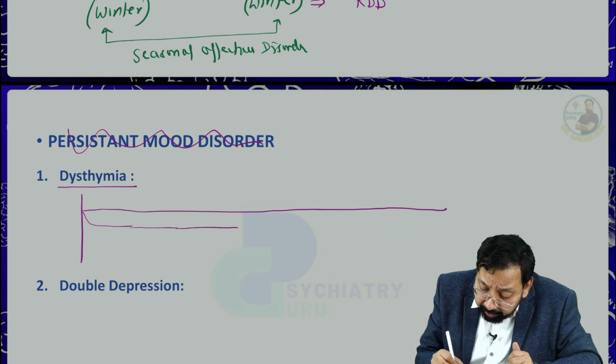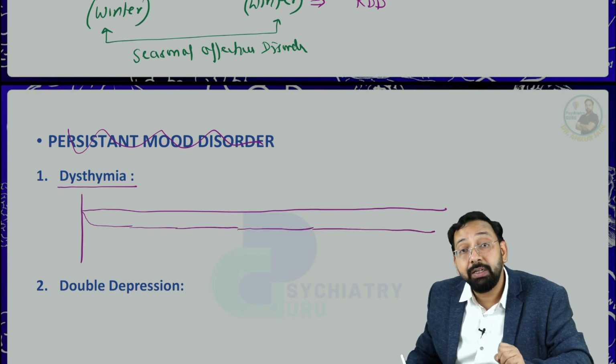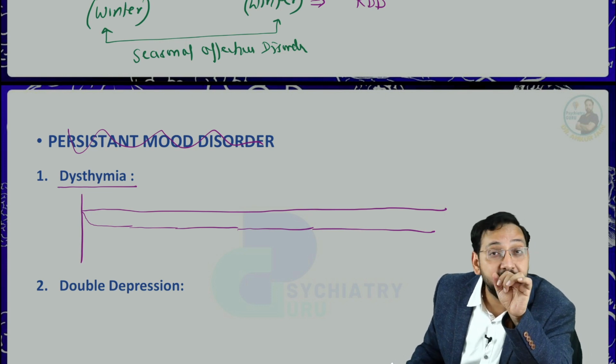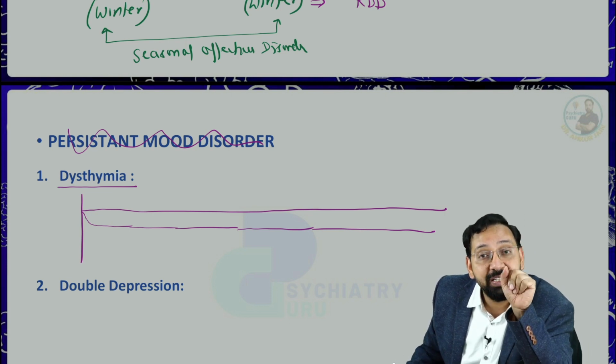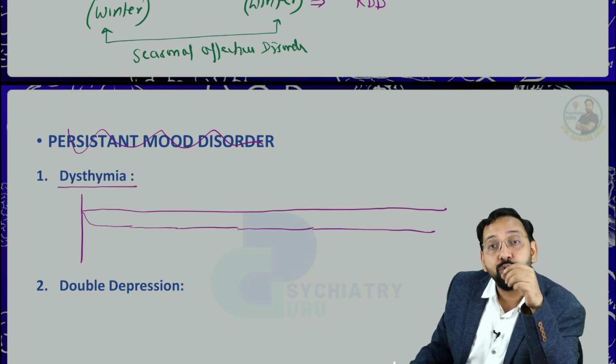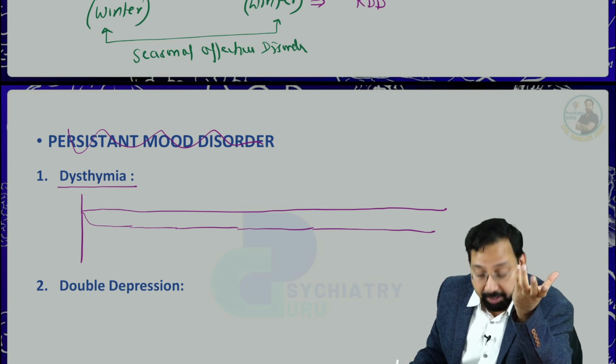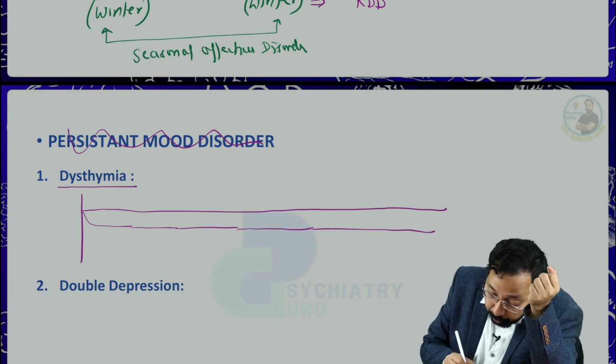the patient is having depressive symptoms. Suppose 3 symptoms are there, 4 symptoms are there. You know that if you want to make the diagnosis of depression, at least 5 symptoms should be there for 2 weeks. But suppose this patient is having only 3 symptoms, 2 symptoms, meaning the diagnostic criteria of depression is not fulfilled, and these symptoms continue for 2 years.